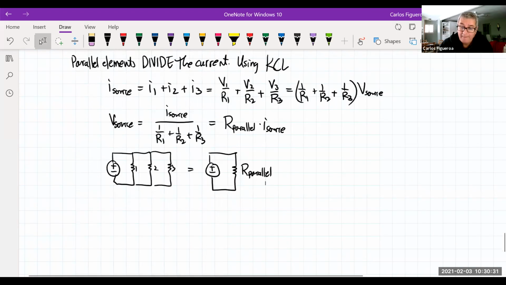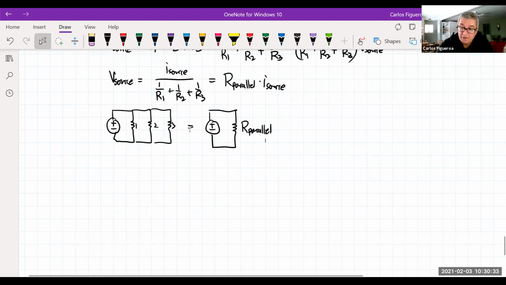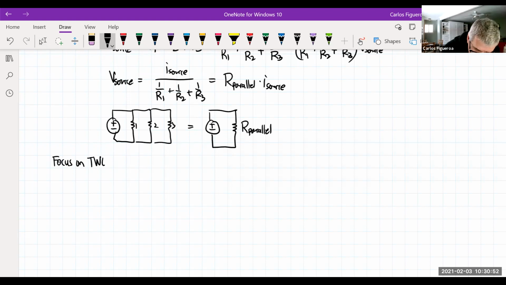But the thing I want to do here is show you this example to get you to start to think about what it means to be a parallel resistor. So what I now want to do is focus on two parallel resistors.